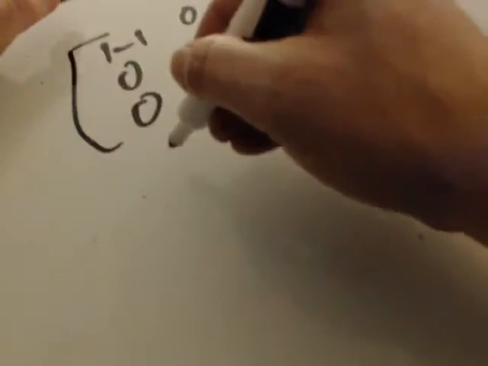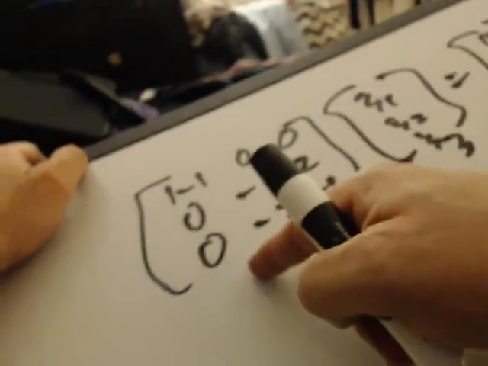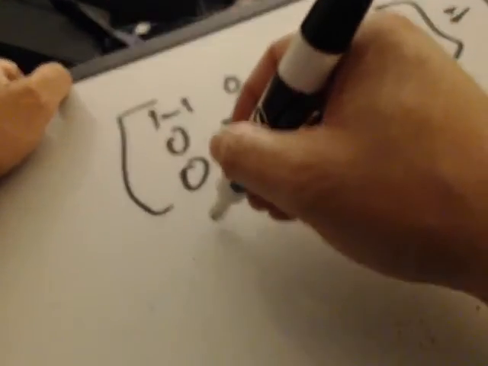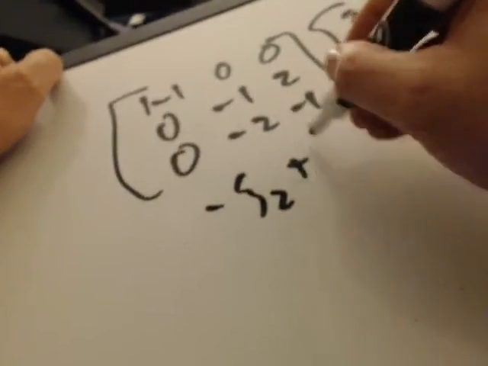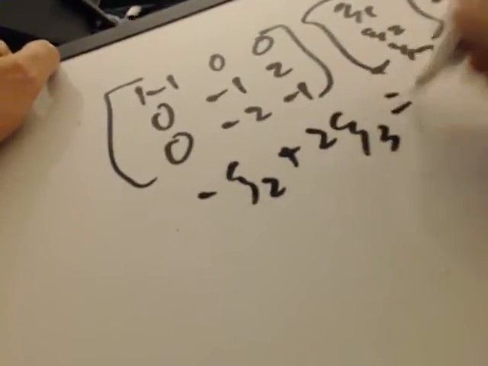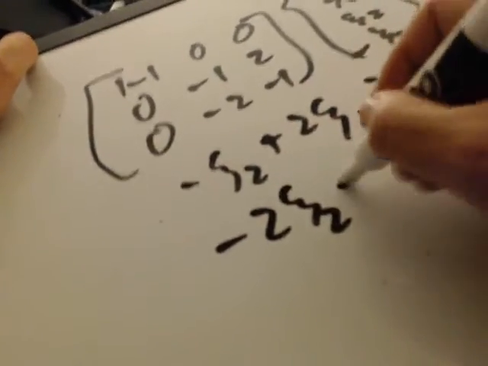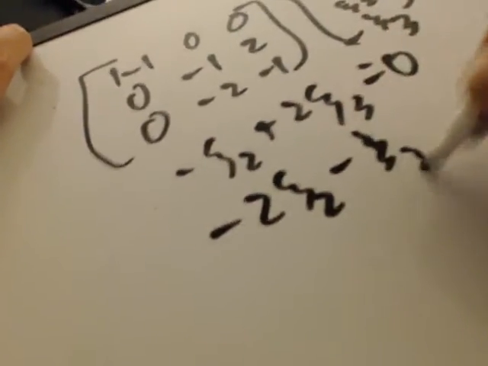Alright. So here's the cool thing. So we do this out. So we have 0. So you'll see xi1 has no factor because all the things xi1 is going to multiply is equal to 0. So we don't care about it yet. We have negative xi2 plus 2 xi3 is equal to 0. We have negative 2 xi2 minus xi3 equals 0. That's really hard to do.